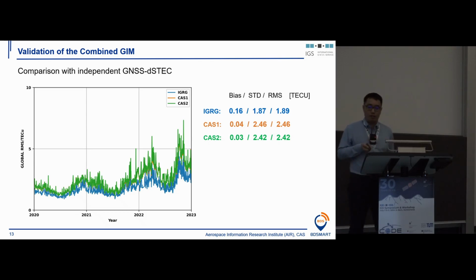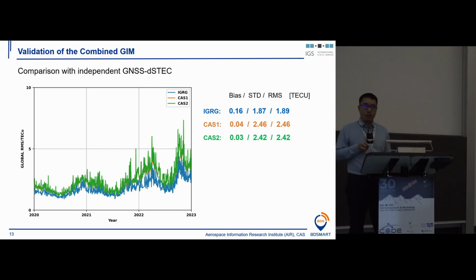But the issue here is that we can see the CAS1 as well as the CAS2 combined GIM performance is slightly worse compared to the current IGS combined rapid GIM product. We are still working on this to figure out the reasons.